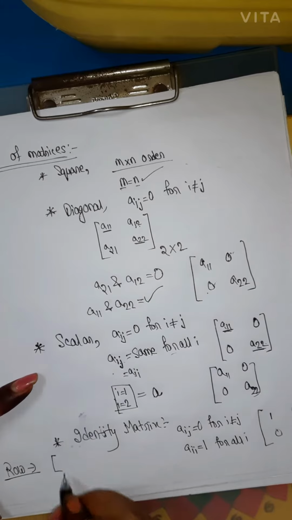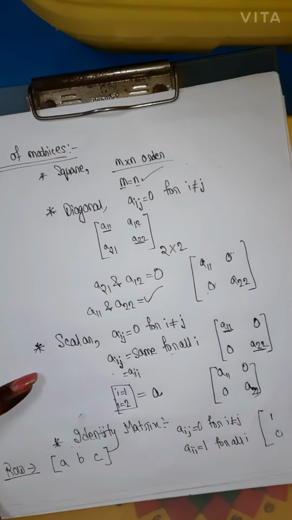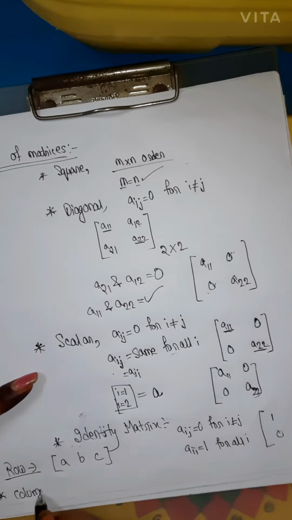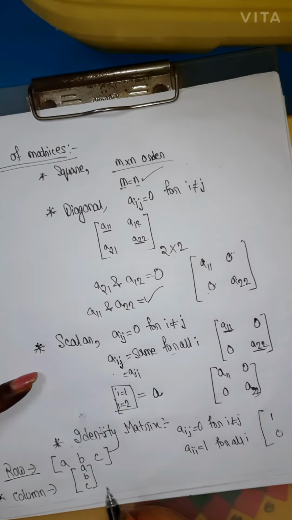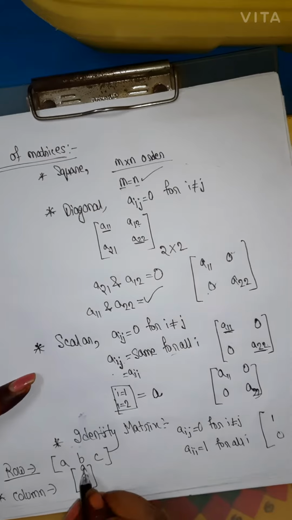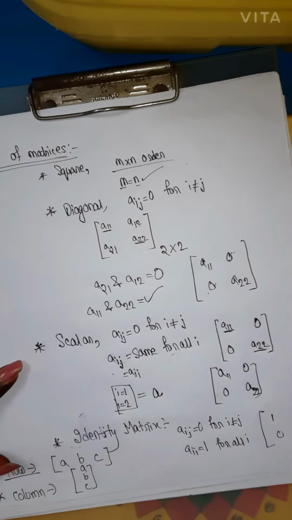Now what do you mean by a row matrix? Here we will have only one row, no other rows, a, b and c, let us say. And what do you mean by a column matrix? We will have only one column, that is a, b and c. Here you can say we have 3 rows, but under each row there are no other elements, only one column, so it is called a column matrix.